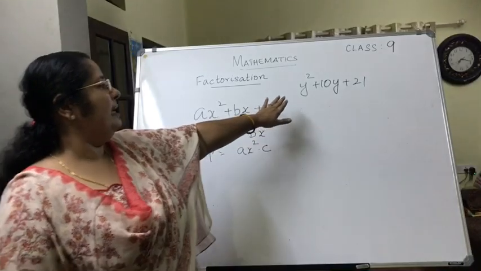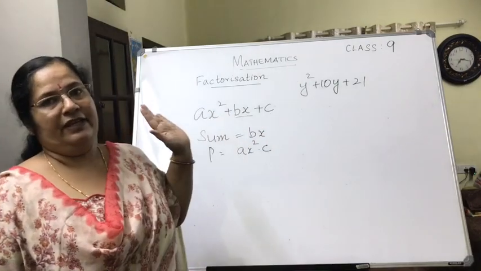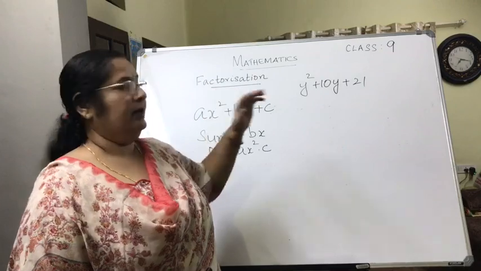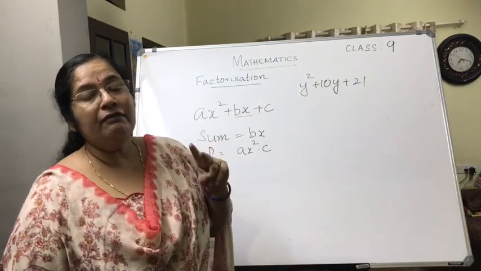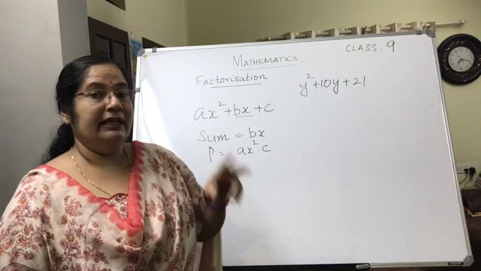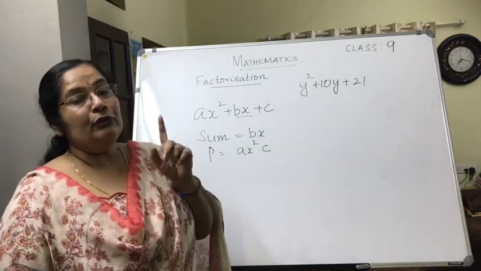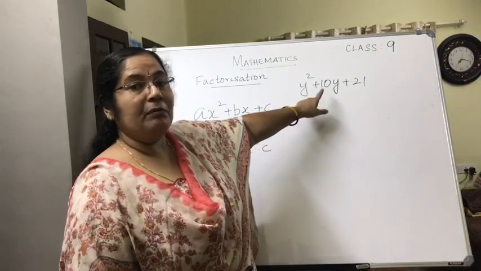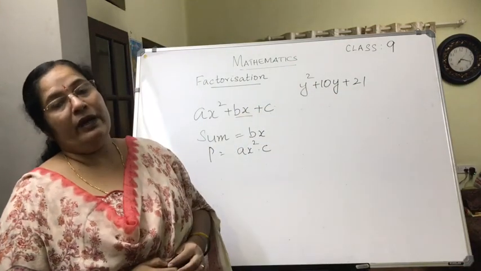You have an example here, y square plus 10y plus 21 to be factorized. Now what is the method used? Splitting the middle term. Which is the middle term here? 10y. Now you have to split 10y into two terms in such a way that when you add those two terms you should be getting 10y and when you multiply those two terms you should be getting 21y square.